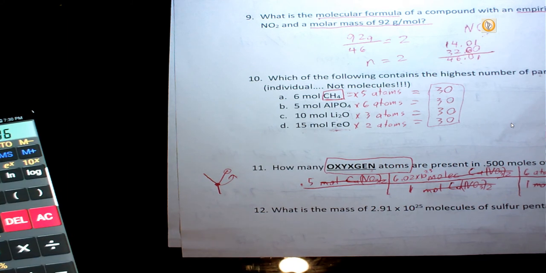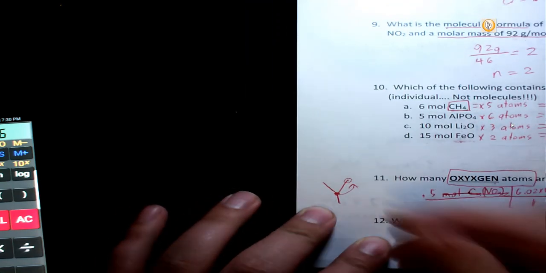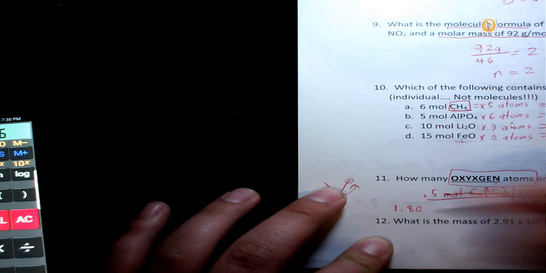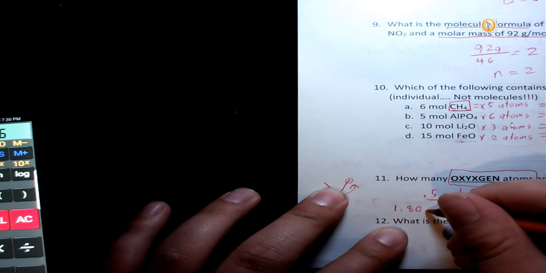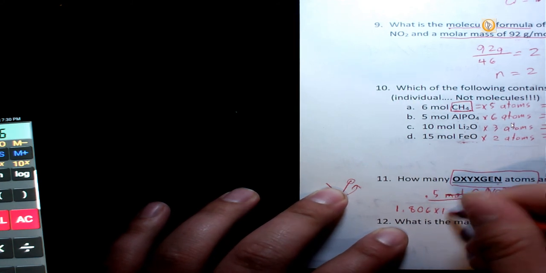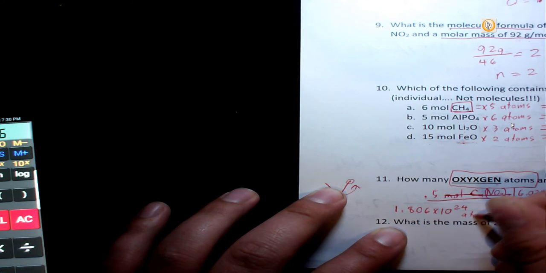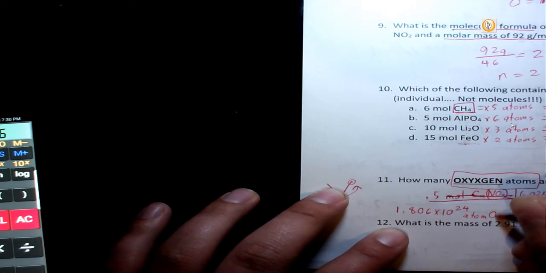If we typed everything in right, we should come out to a total of 1.806 times 10 to the 24th. Don't forget your units, atoms of oxygen.